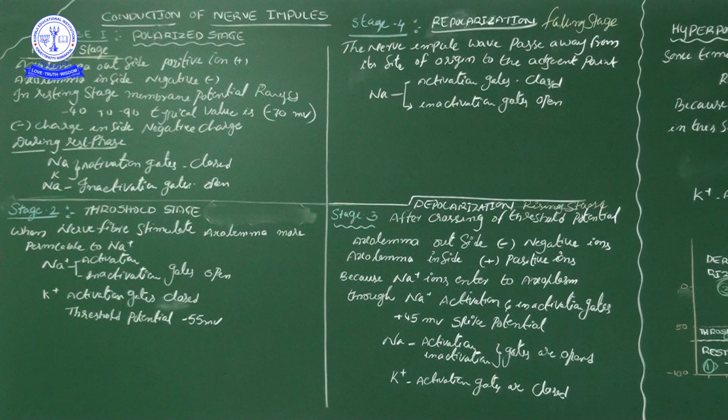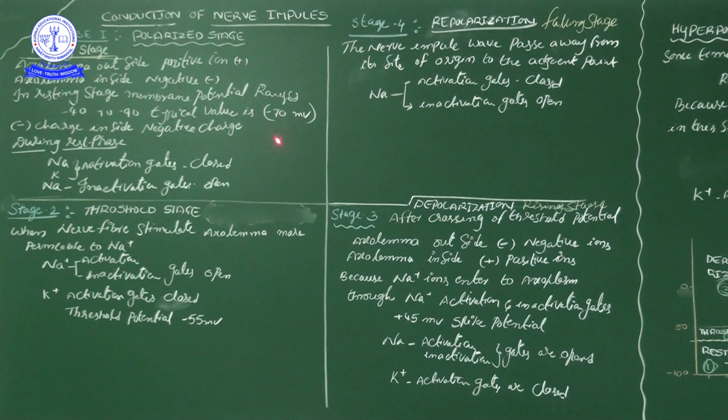Okay? Then come to the second stage, the threshold stage. During the threshold stage, what will happen is that it disturbs this -70 potential.